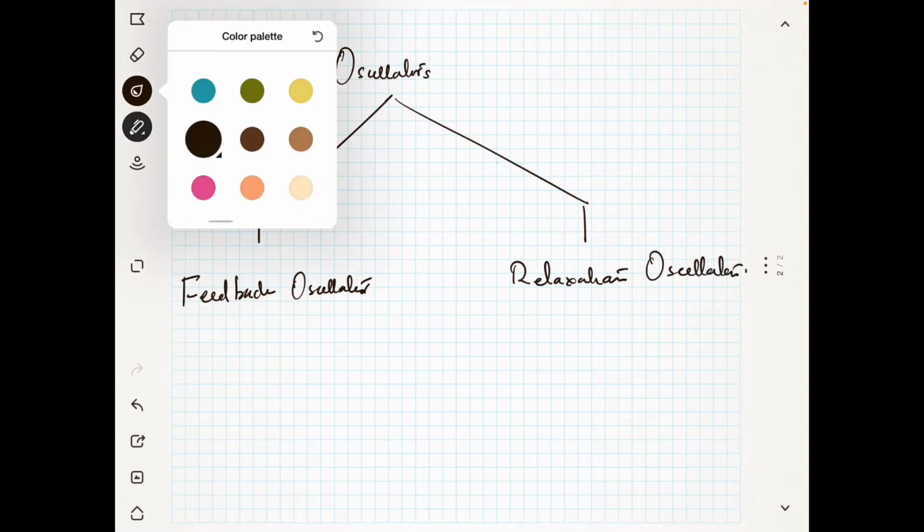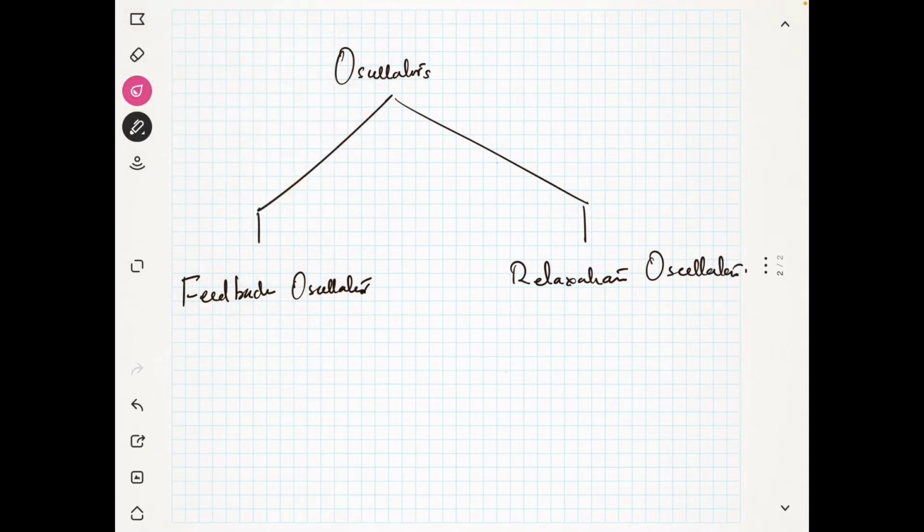The special thing about the feedback oscillators is that they use a feedback circuit. These feedback circuits may sometimes contain resistors, maybe sometimes capacitors and inductors. And usually it contains an amplifier.